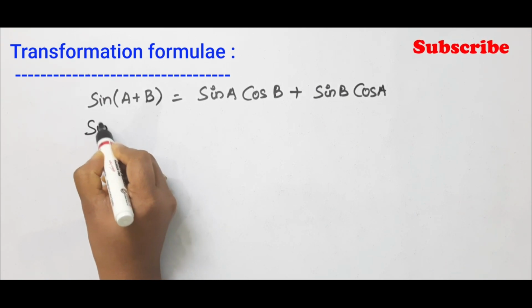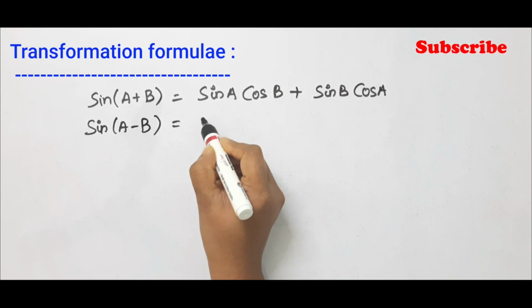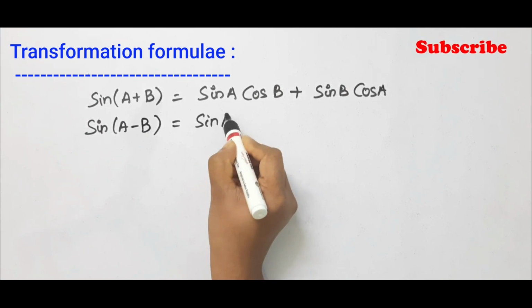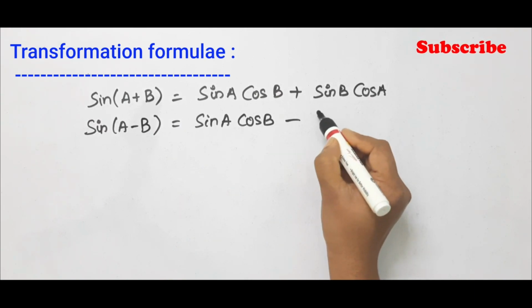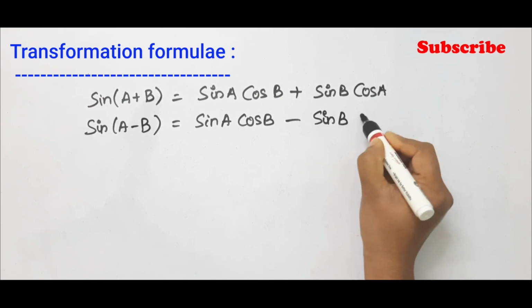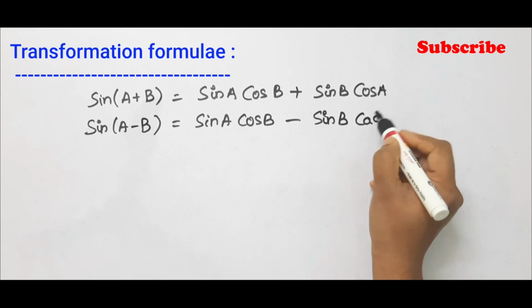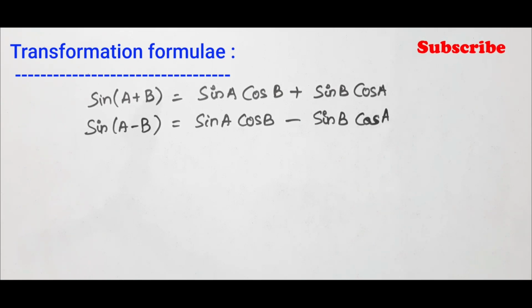Also, we have studied that sin(a - b) is equal to sin a cos b - sin b cos a. These are the two formulas which we studied in previous videos. Now using these formulas, let us get the transformation formula.